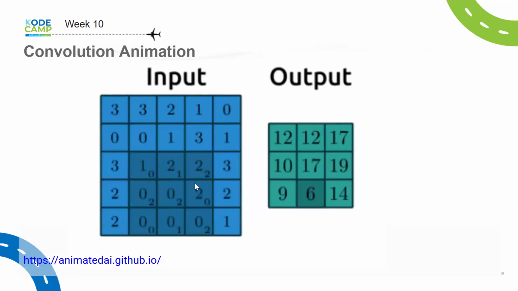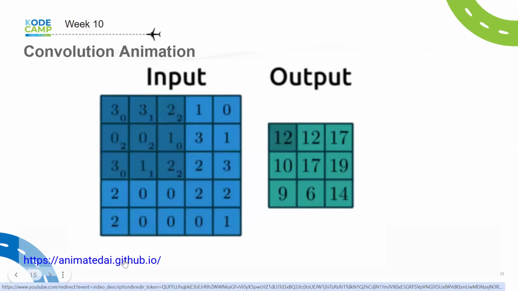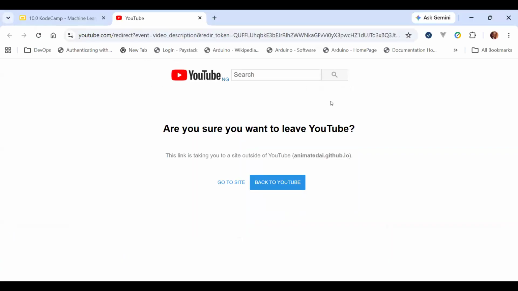You can see that those numbers don't change, they remain the same. But as it is scanning through, the output here goes to the corresponding position. And the output is a sum product of this. So you could even pause it and check it out. You can go check more animations of this here. There's actually a whole bunch of animations. If you go to this place, you'll see a whole bunch of animations. Right.